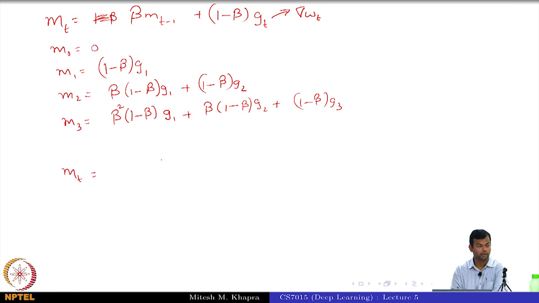MT is equal to, so 1 minus beta can come out, summation i equal to 1 to T, beta raised to T minus i, and Gi. Okay, so this is what my MT is.